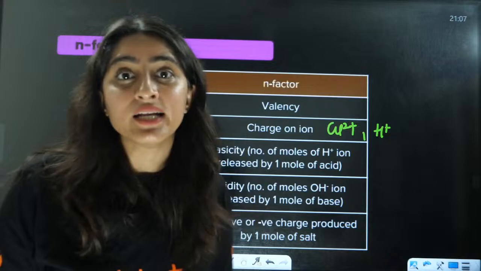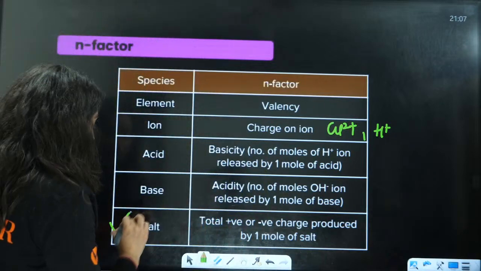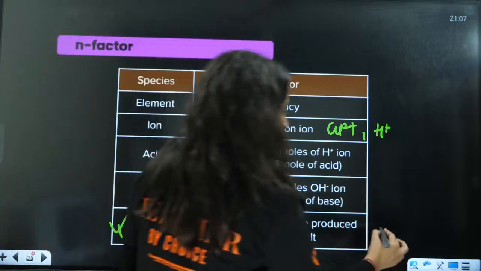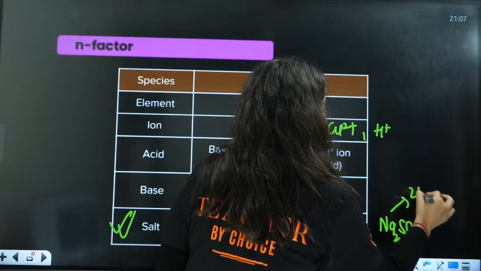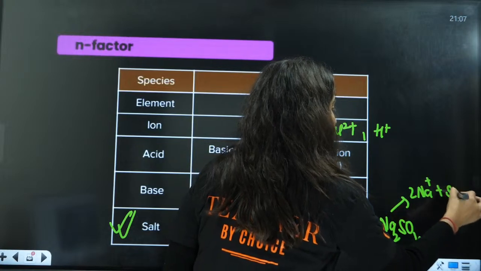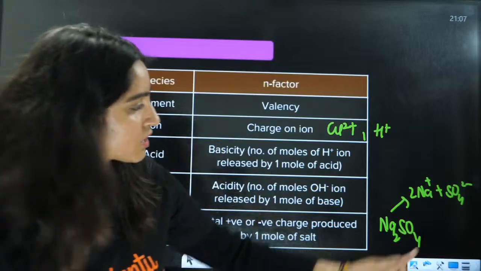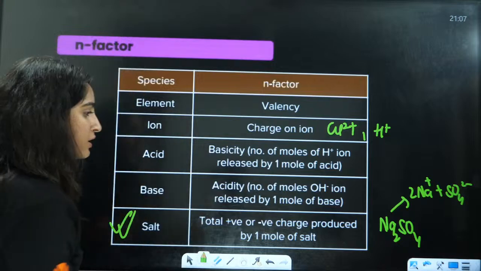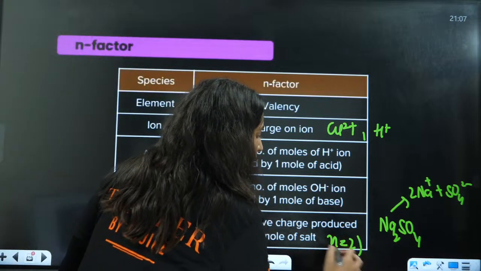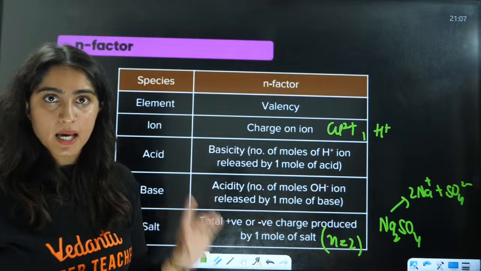In case of an ion, the charge on it is going to be the valency. In case of a salt, like Na2SO4, it is going to give us 2 Na positive plus SO4 2 negative. That means the total charge here is 2 positive and 2 negative, so 2 is going to be the valency. The n factor is going to be 2 here, that is total positive or negative charge.